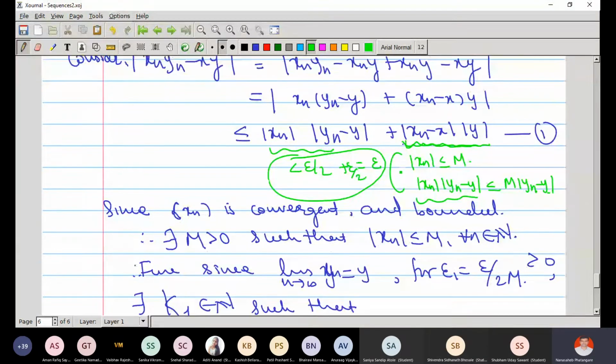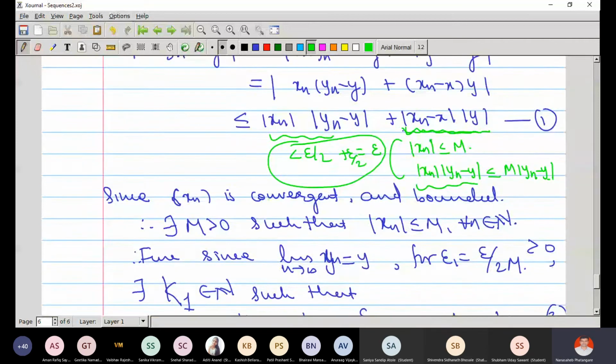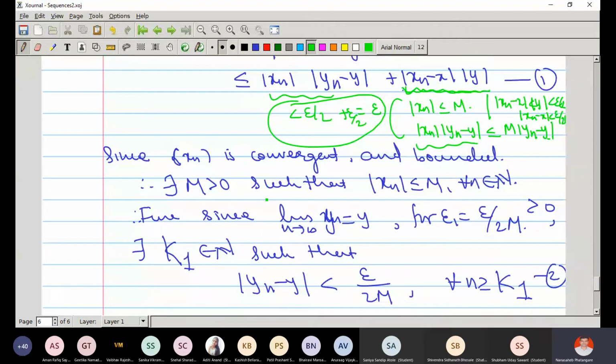Do you understand? I want to make absolute value of xn minus x into absolute value of y less than epsilon by 2, which means absolute value of xn minus x less than epsilon upon 2 times absolute value of y. Correct?